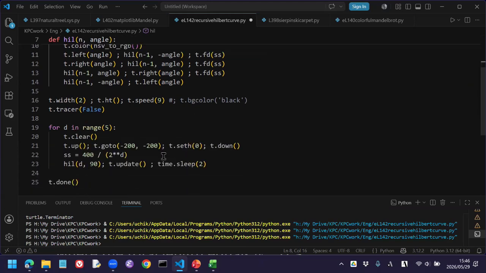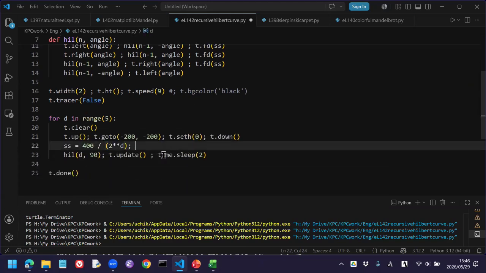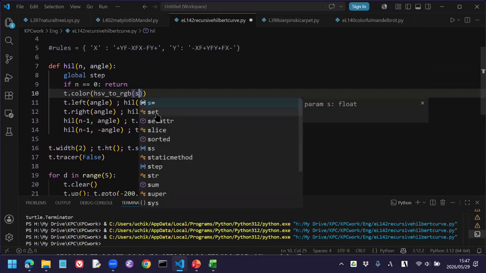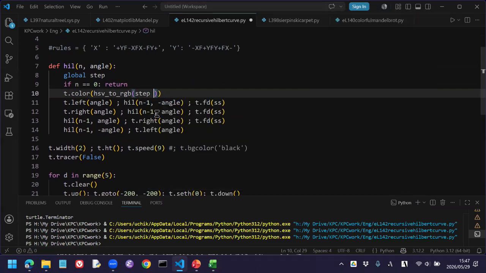Here we set step equals 0 each time, and then we increment step every time we draw. So the first color will be step divided by the total step.